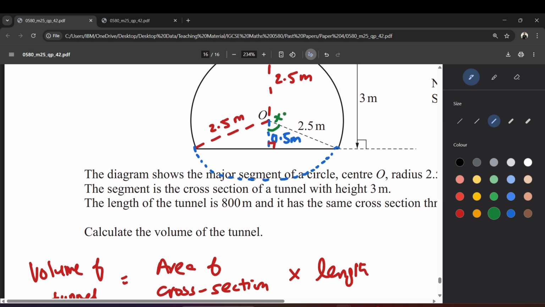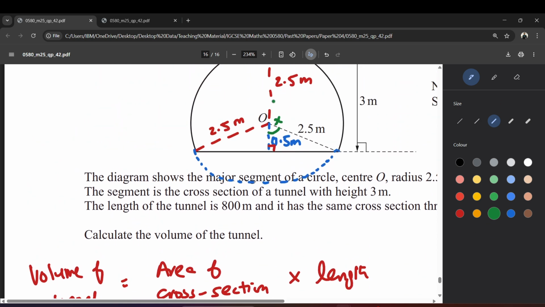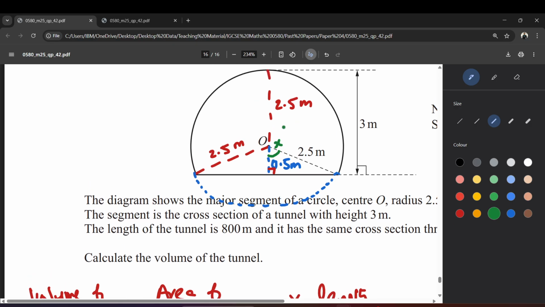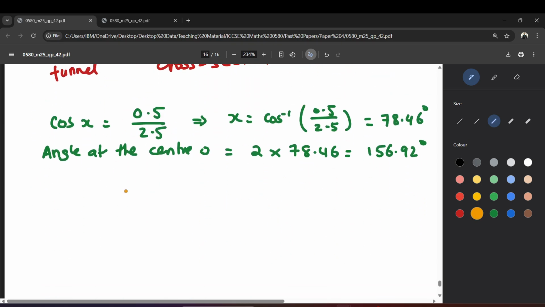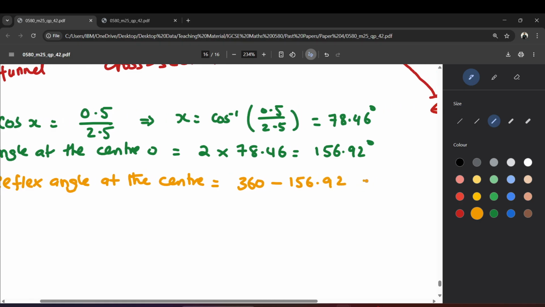So now the reflex angle at the center, because we need to find the area of the major sector. So for that, we can find the reflex angle. Reflex angle at the center equals 360 minus 156.92, which gives us 203.08 degrees.